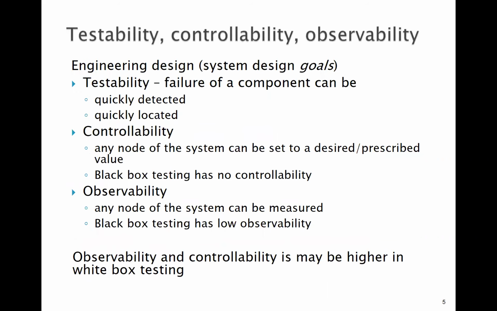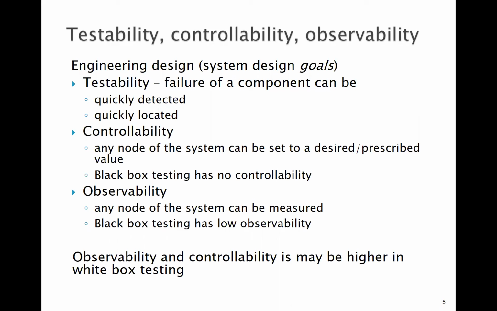Okay, let's see engineering design and how it is related to controllability, observability, and testability. Actually, when we start a design, a system design, we have some goals, usually based on needs and requirements. We have also some other goals. These are testability, controllability, and observability.